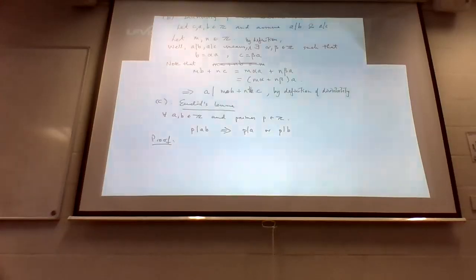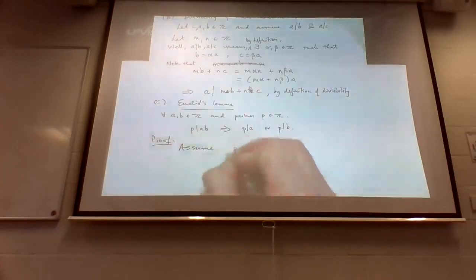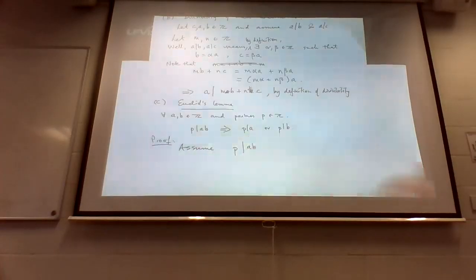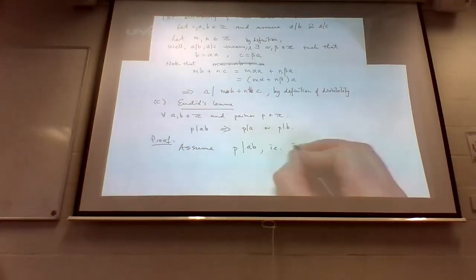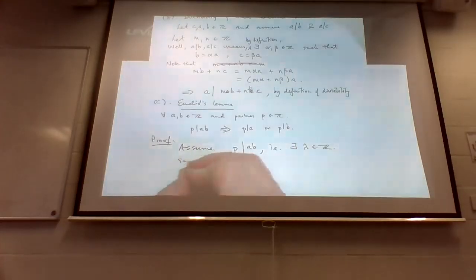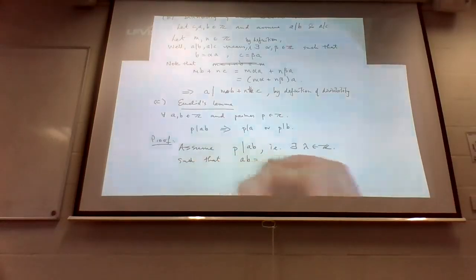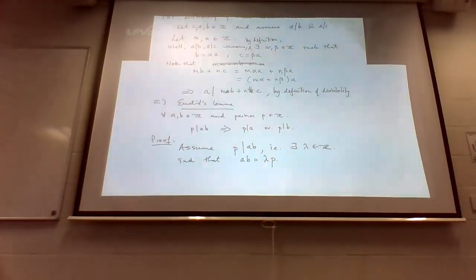Clearly, we should assume P divides AB, and we know that means, i.e., there exists a lambda in the integers such that AB is equal to lambda times P. Okay, fair enough.